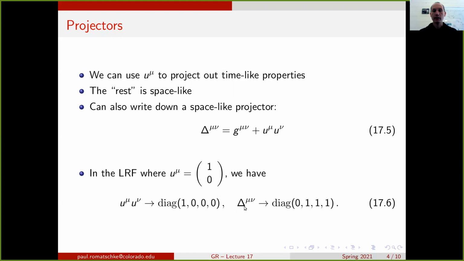And the projector Δ^{μν} is also a diagonal 4x4 matrix, which has a 0 in the first row and first column and has 1 along the rest of the diagonal. So you can now see that in the local rest frame, it's clear that this combination here is the time-like part. It only picks out the time-like parts of a 4x4 matrix, and the delta here will project onto the space-like part of the 4x4 matrix. So essentially, these two tensors are complementing each other.